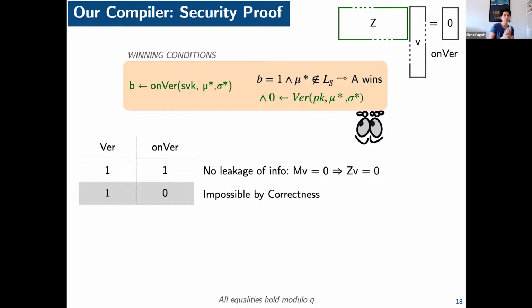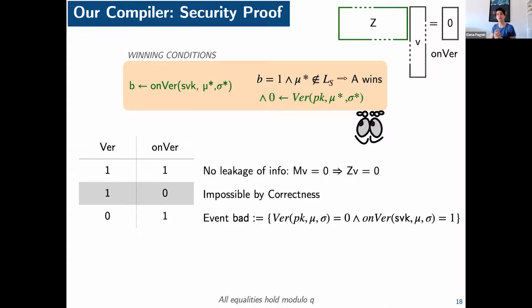If the standard verification accepts and the online verification rejects, this is impossible to happen. And if you remember why, it's because Z is obtained from M. So you can write Z as C times M, in a product with V. So that's impossible for correctness. But what can happen is that the standard verification rejects, so outputs 0, and the online verification outputs 1.